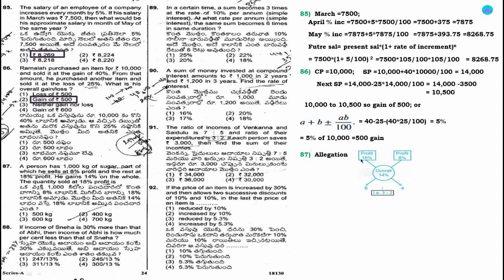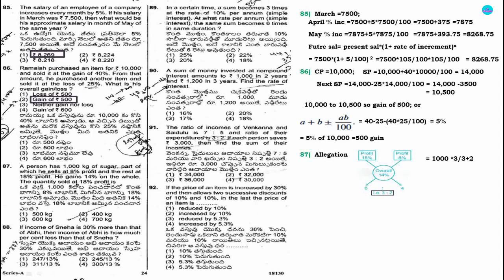One I am taking as 18%, the other as 8%. He gains 14% on the whole, so overall we will keep it in between. Overall he is gaining 14%. Now we will subtract like this: 18 minus 14, so that is 4. Now 14 minus 8, that is equal to 6. Cancellation we can do: 2 3s are 6, 2 2s are 4. So 3 is to 2.